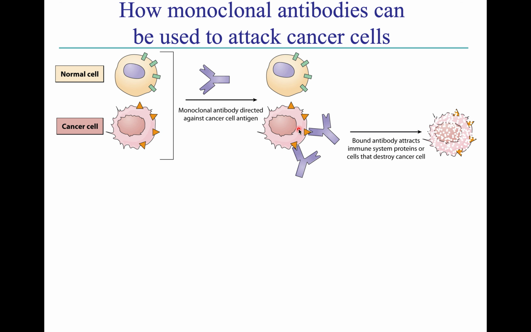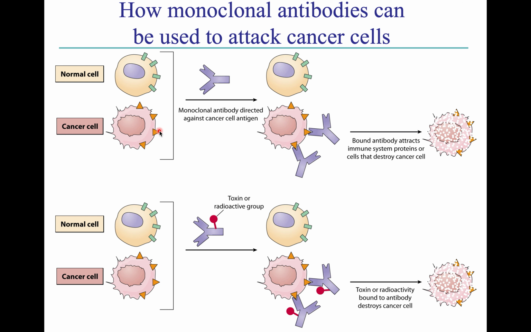And I don't know how familiar you are with the immune response, but the binding of antibodies to cells in the body can attract other immune cells, which can result in the destruction of those cells. So if you can intentionally synthesize monoclonal antibodies directed against these cancer cell antigens, that could be a very useful and specific approach.